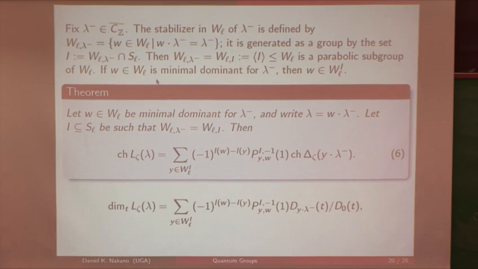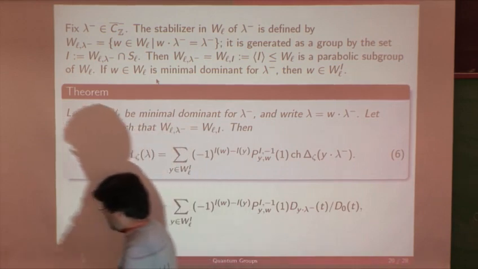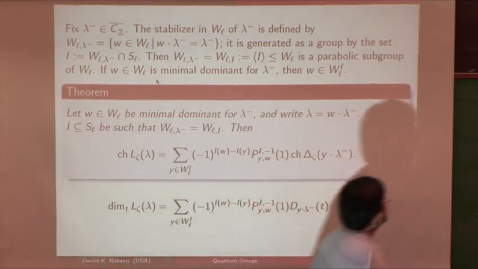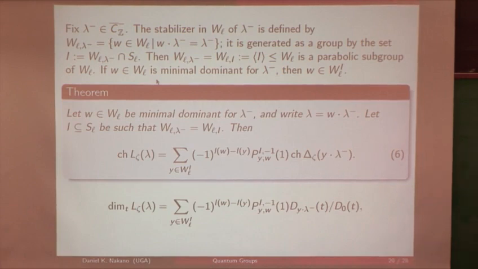All right. So it turns out that if you take a weight, or just take a minimal dominant weight lambda, what I'm going to do is index things in the following way. I'm going to start down at the anti-dominant chamber. So this is like the type A2 picture.